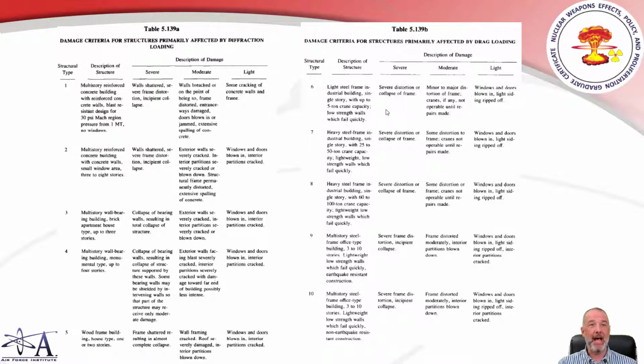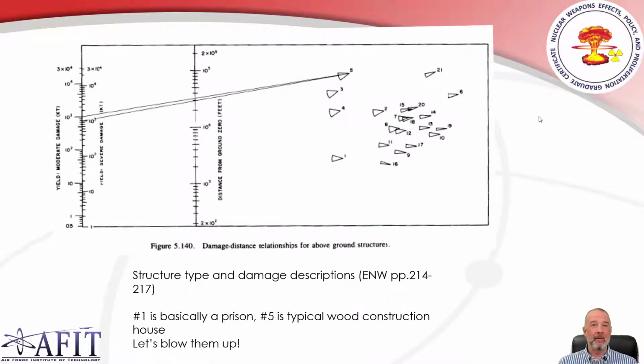Okay, so great. How do we determine whether or not these things are going to happen, and at what distance or what overpressure is going to cause it? Well, unlike the more precise method of determining peak overpressures and peak dynamic pressures that we looked at in the last lesson, this one is basically just a chart, and this chart has a very specific purpose.